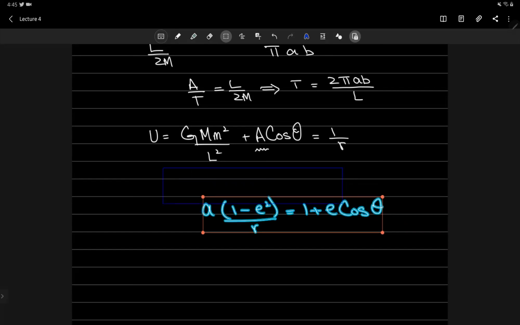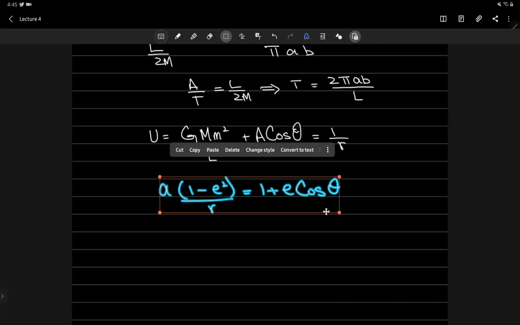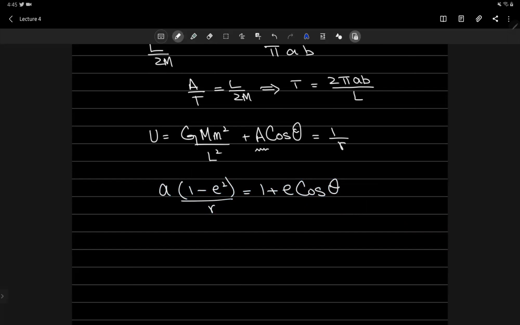ठीक. Now what we have to do is we just have to play a game of comparing, right?